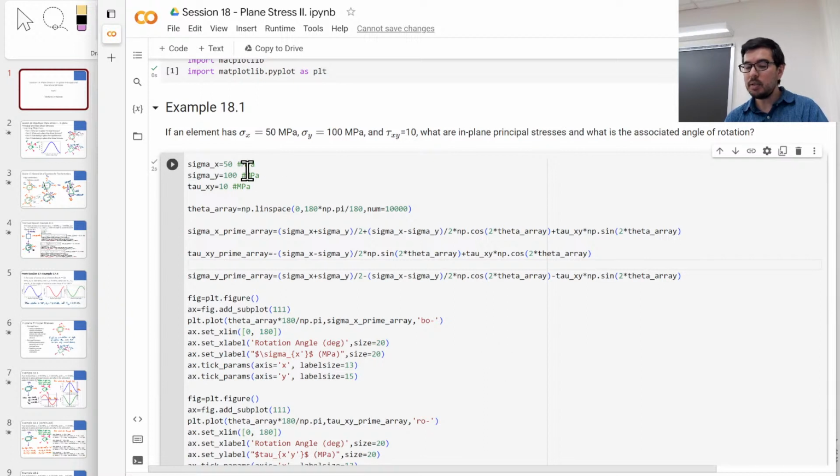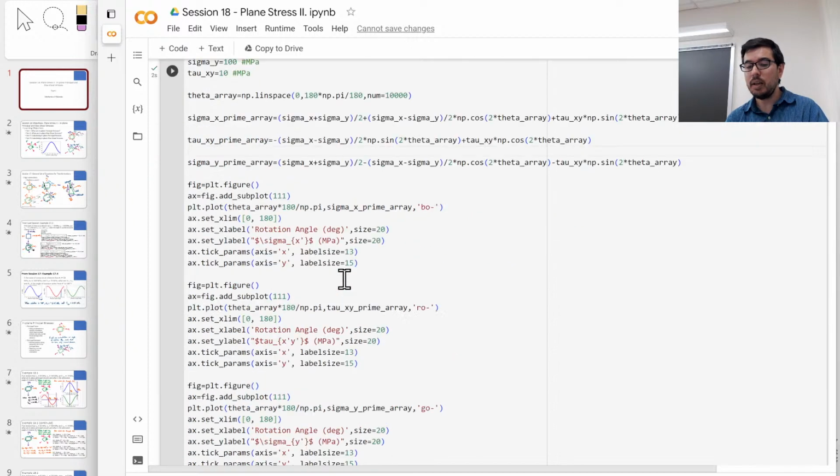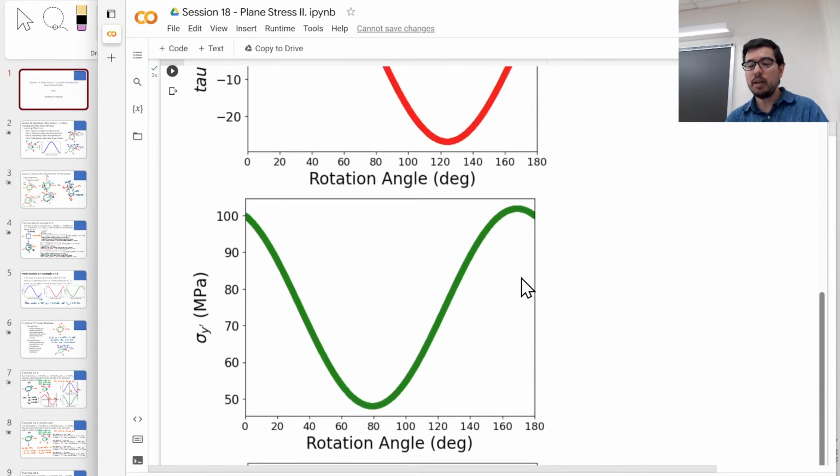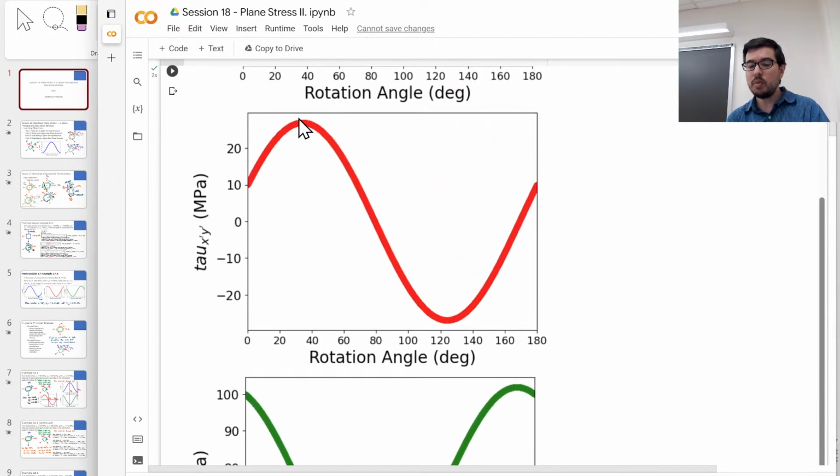And in some cases, you're just given the values for sigma x, sigma y, and tau xy, and then you can look at the resulting plots to see, okay, this is where I have a maximum shear stress, right? That's where I have a maximum in-plane shear stress. So I'm going to go ahead and estimate, oh, well, that's maybe close to 30 or something like that, right?